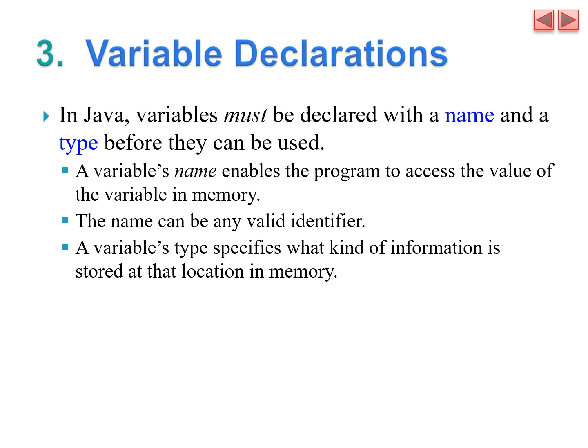In Java, variables must be declared with a name and a type before they can be used. A variable name enables the program to access the value of the variable in memory. The name can be any valid identifier. A variable type specifies what kind of information is stored in that location in memory.